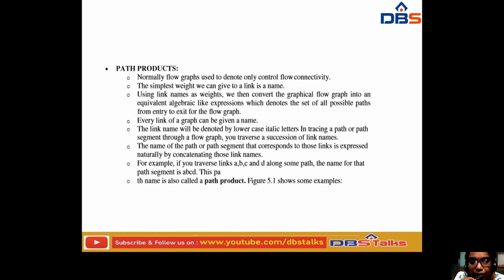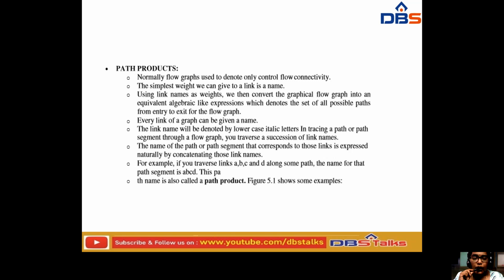When it comes to path products, normally flow graphs are used to denote only the control flow connectivity. Here, in control flow connectivity, the simplest way to identify a link is by giving it a name. Using these link names as weights, we have arithmetic expressions which denote the set of possible paths from entry to exit of the flow graph.